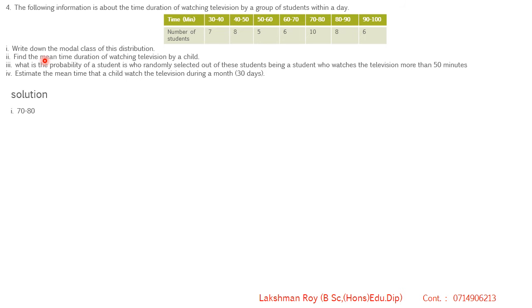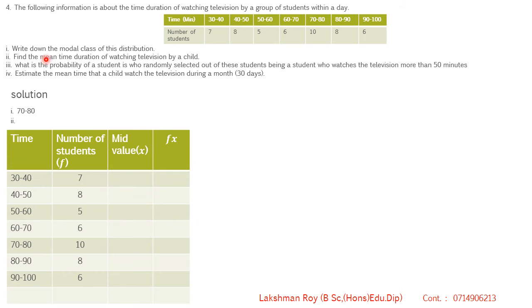In the table to find the mean for number 2, the time class interval and the number of students are given, so you can put those into the table. Time is in minutes, class interval, and the number of students is the frequency, which we call the f column, already given.